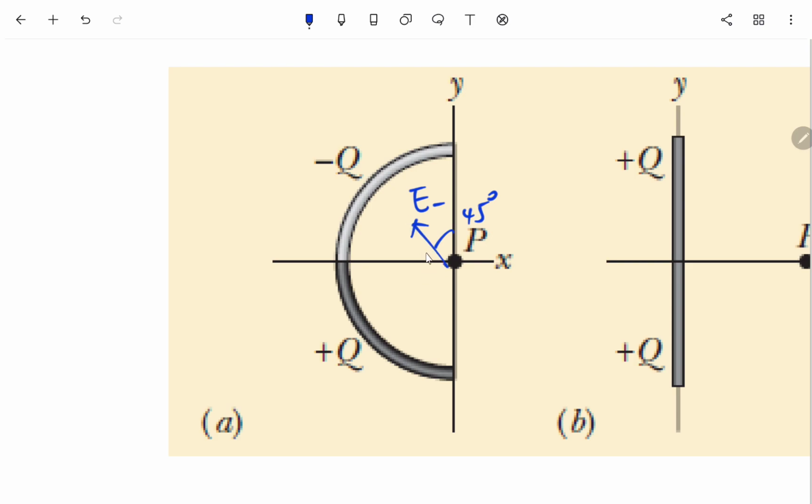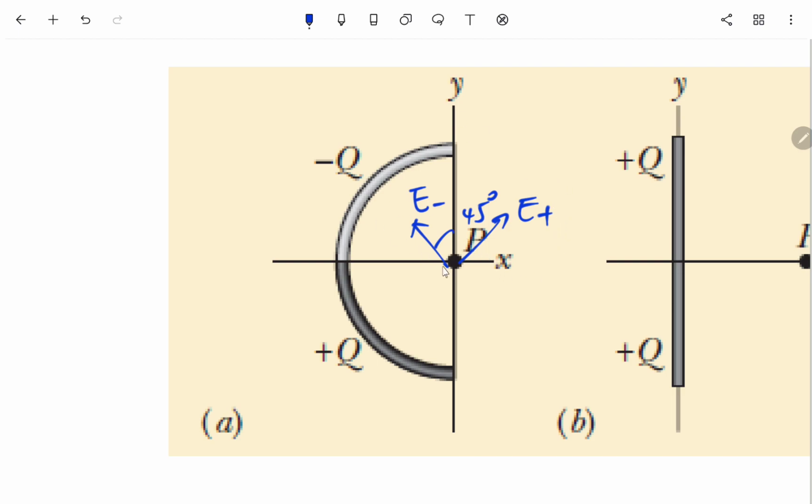We don't actually need to know the magnitude, we only need to know it has 45 degrees with the two axes. Similarly for this one, this is a positive charge, so it will generate an E field pointing to that side, E plus pointing to the top right, also at 45 degrees with the x-axis and y-axis.